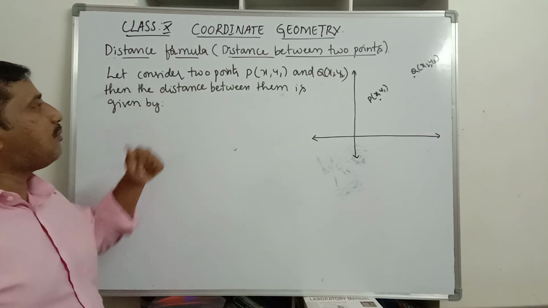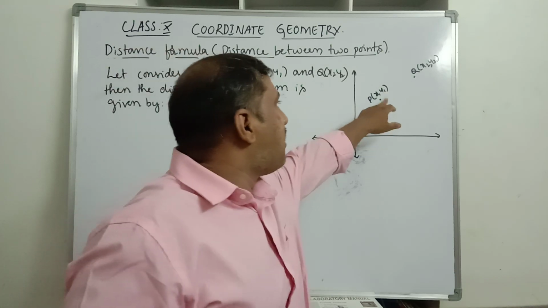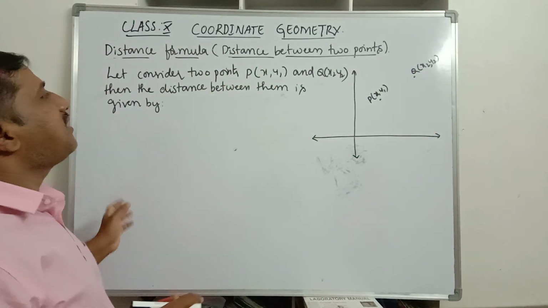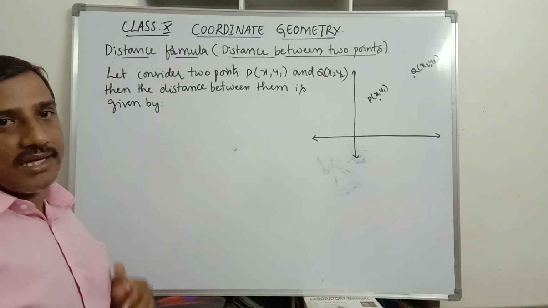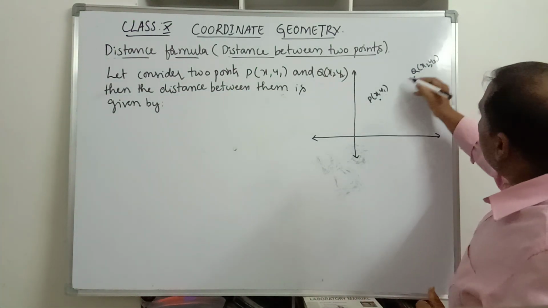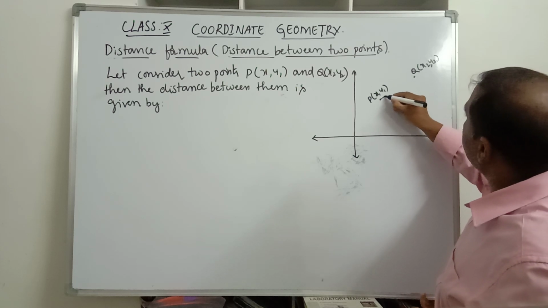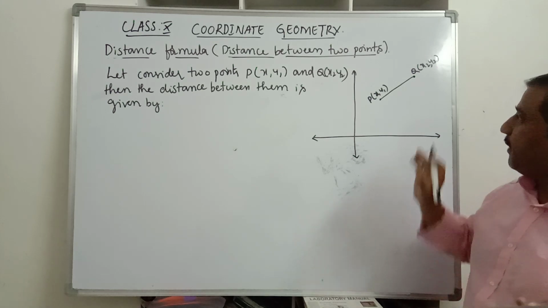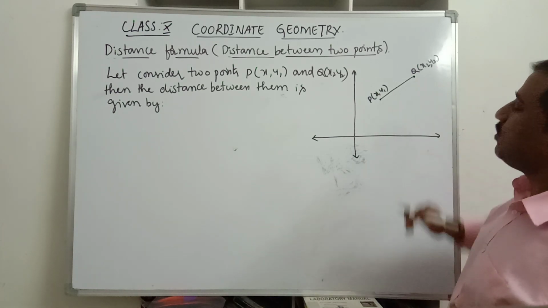Let us consider 2 points P(x1, y1) and Q(x2, y2). Then the distance between them is given by the derivation we will discuss here. What is the distance between these 2 points? By joining these 2 points, we get a line segment. That line segment PQ gives us the distance between the 2 points.